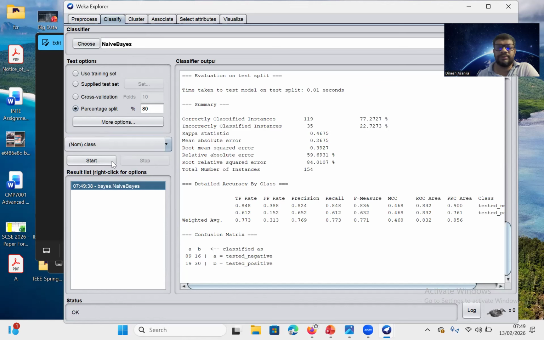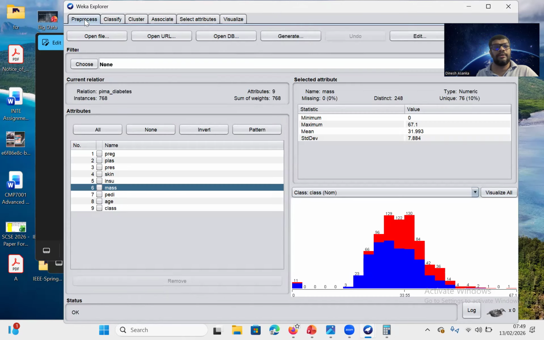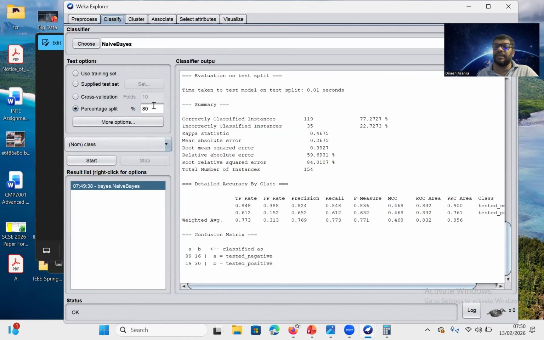Just to look at a few numbers, let me go to the calculator. So we had 768 records, out of which we are using 80% for training and 20% for testing.